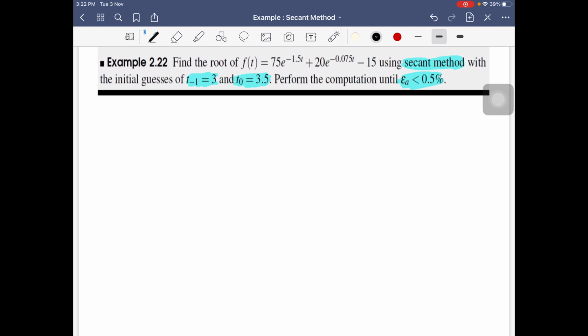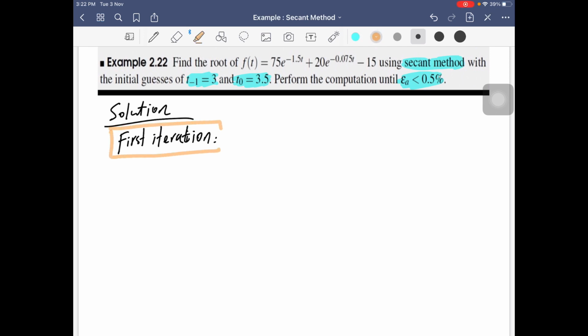So now let's solve this together. The solution. We start with the first iteration. For the first iteration, we have the initial guesses t subscript -1 equal to 3, and t subscript 0, which means t naught, equal to 3.5.